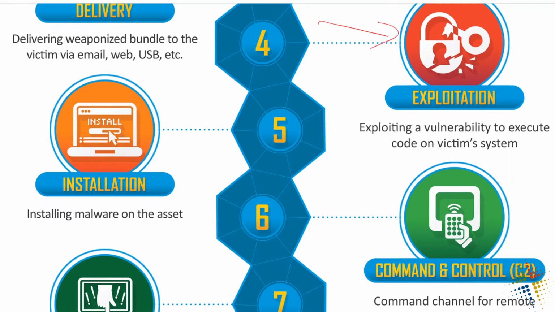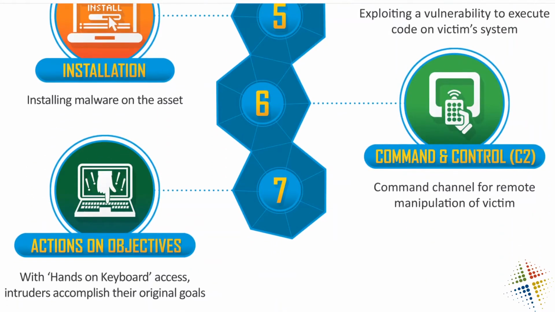So we delivered a tool, now we can actually execute some remote code on the system, do some sort of installation in order to remain persistent, command and control in order to perform various commands on the organization, and then lastly do some sort of an action on the objective against that organization, whether it was to steal information, so the confidentiality, whether it was to change information, so integrity, or whether it was to bring the system offline to affect their availability.